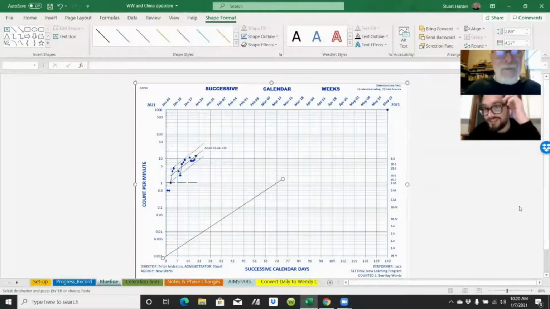Good. Okay. Now, the reason why I'm showing you this is so that you can start to recognize doubling on the chart no matter where you see it.